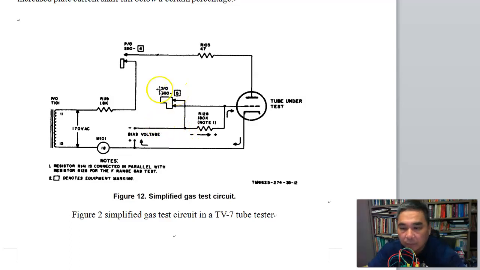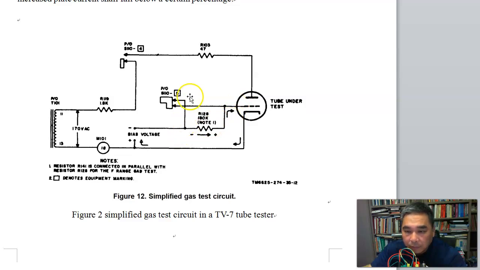So when the switch is closed, the bias voltage will be shorted to the grid. When this switch is open, the bias voltage will flow through a resistor with a resistance of 180K before it hits the device under test.